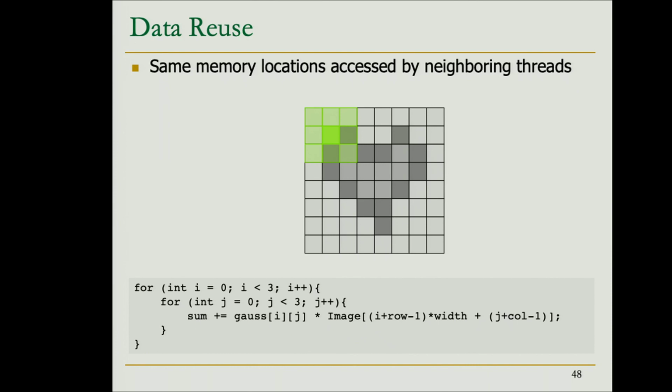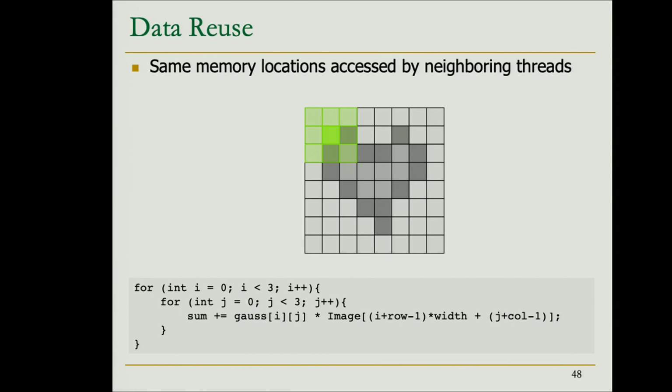We typically have a filter, like this Gauss thing, a small two-dimensional data structure with certain values, and we need to calculate the convolution for the image pixels that are covered by this green window that represents the filter.